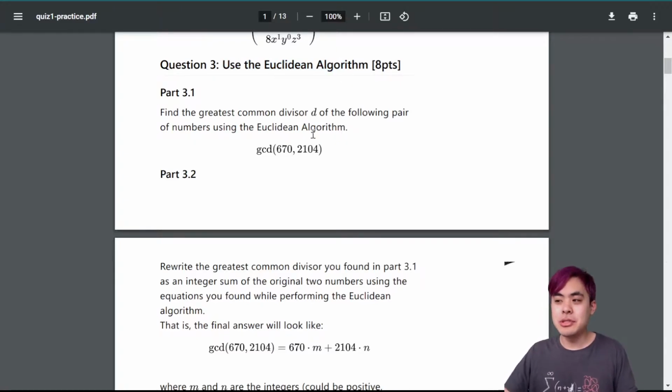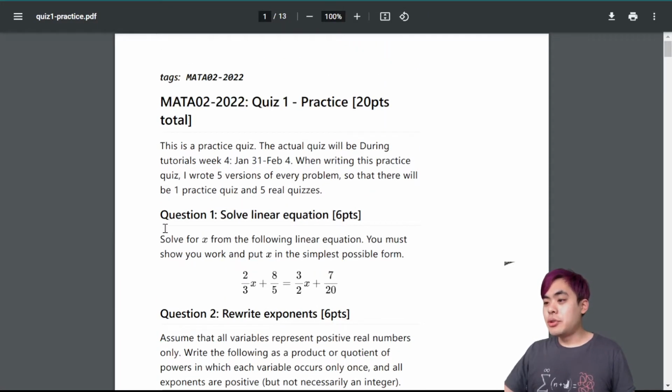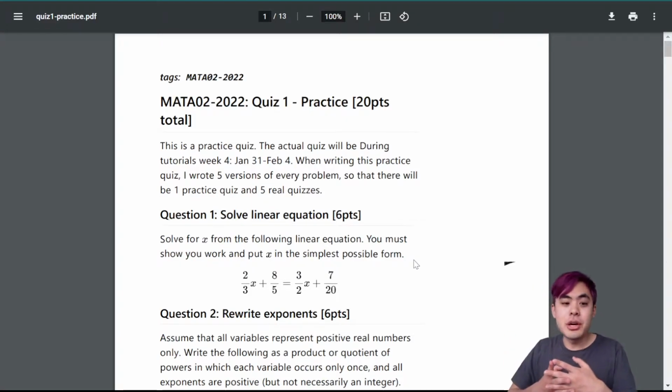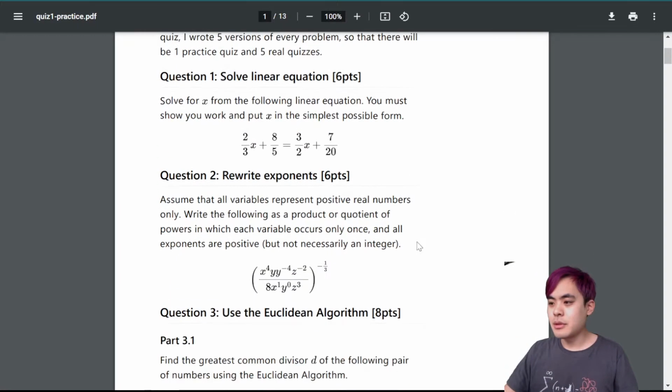If I tell you to use the Euclidean algorithm, then you must use the Euclidean algorithm, even if you know some other way of doing it. But if I don't tell you to use the Euclidean algorithm, if I just tell you to solve, well, you can do this in a different way. There are a number of other ways you could solve this problem, so long as you get the right answer and you show your work. Okay?